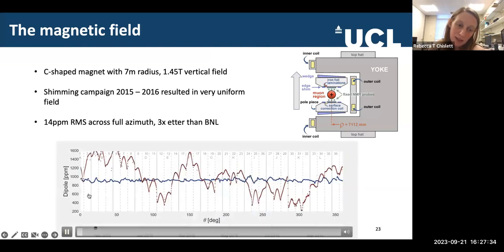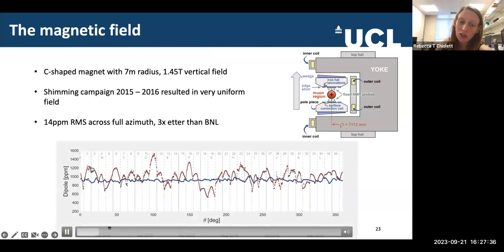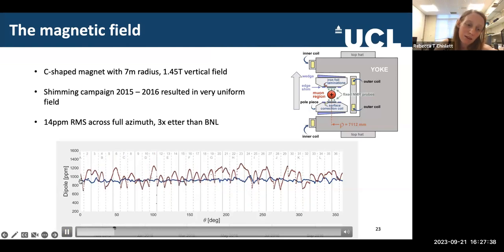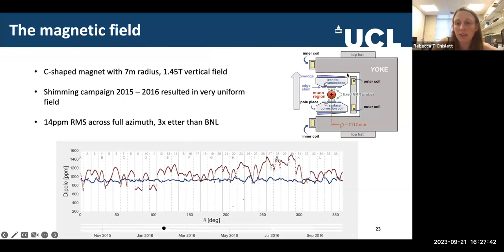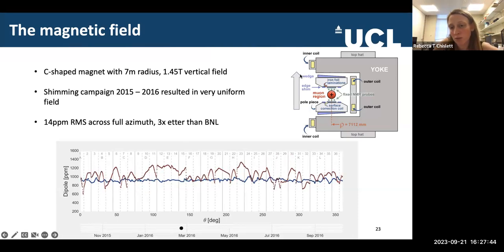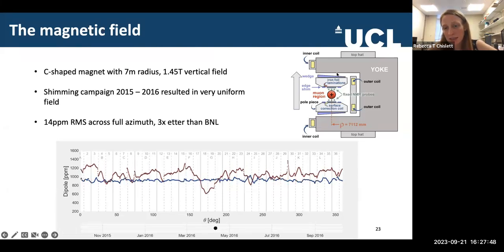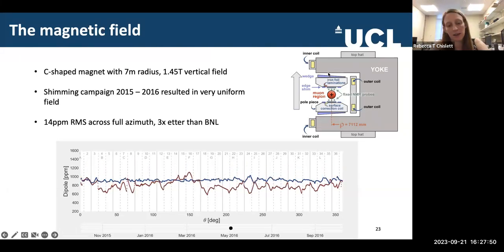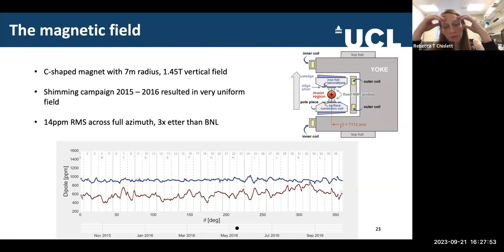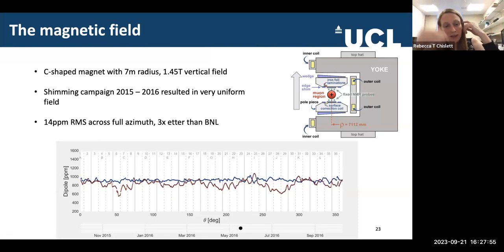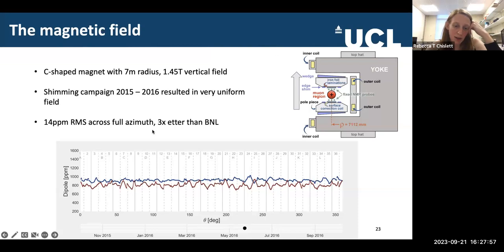And this is a video showing the magnet shimming. That's how the red points evolve over time. And this is them tuning the various different knobs on the magnet. And then at the end, they stick really tiny pieces of metal onto the magnet to make it as uniform as possible.